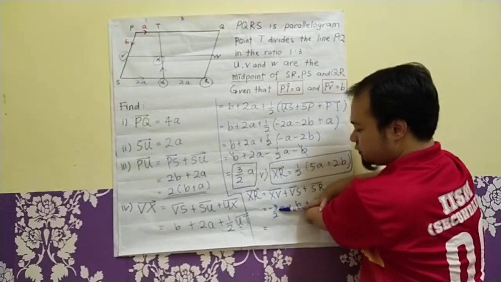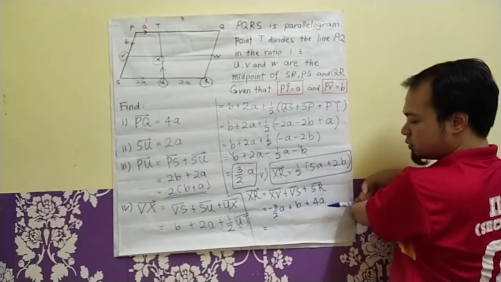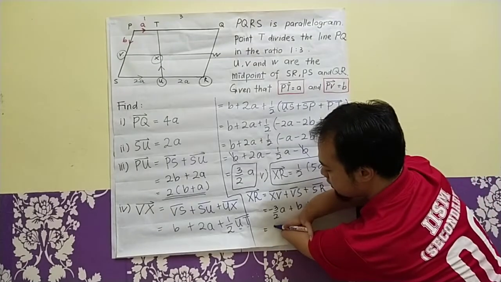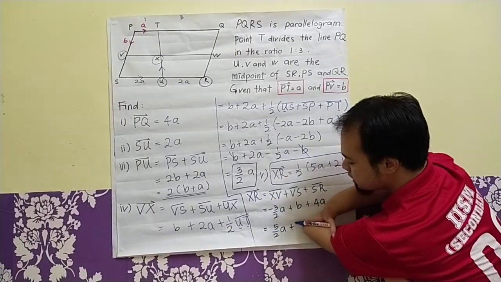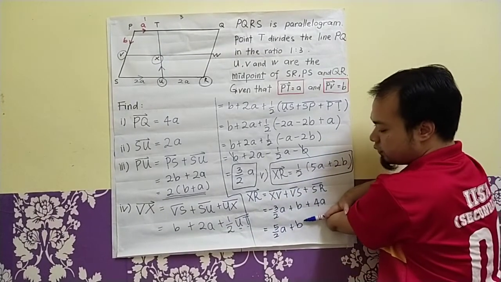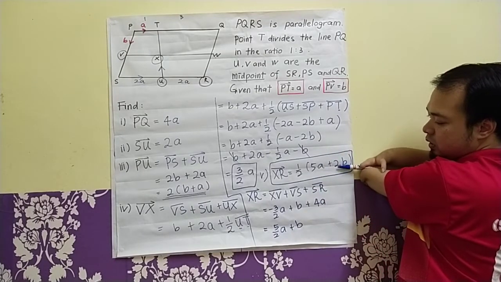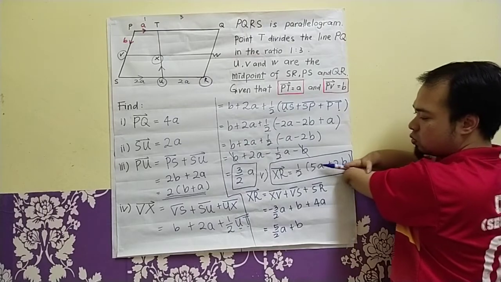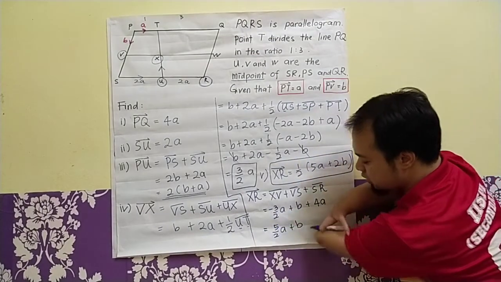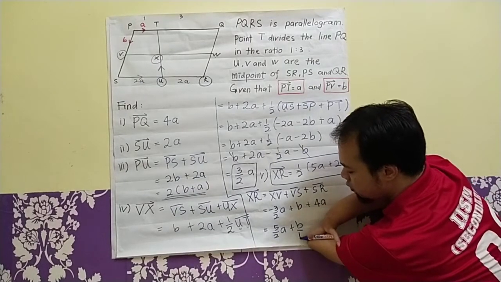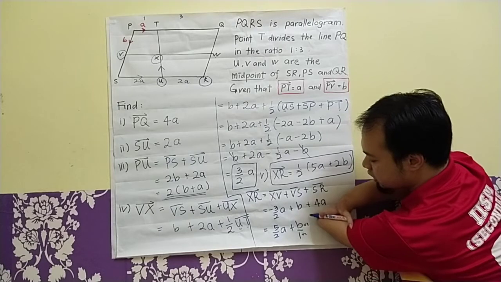Negative 3/2 a plus 4a becomes 5/2 a plus b. Don't leave your answer like this. You must make sure you answer in the form of here. They ask you to factorize half, but we don't see any half over here. So this is b/1. You multiply by 2 over here, and by 2 over here.